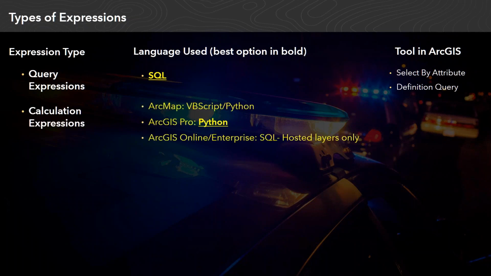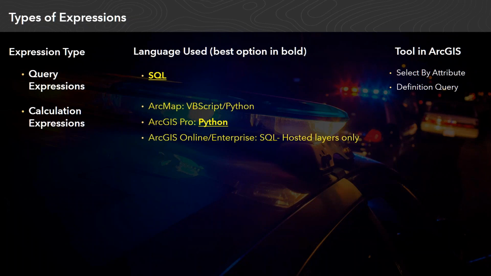Calculation expressions can be found in a couple of different languages depending on the product in the ArcGIS platform that you're using. For most of you who are already using ArcMap, you have two options. You have the ability to create calculation expressions in VB script and in Python. But moving forward to ArcGIS Pro, calculation expressions are only available using Python.